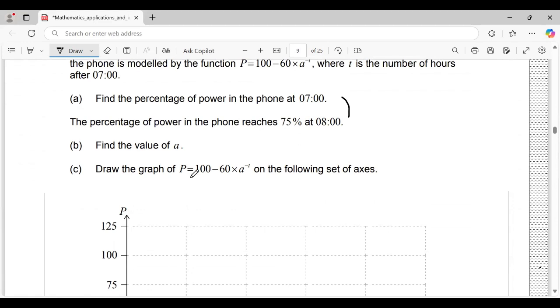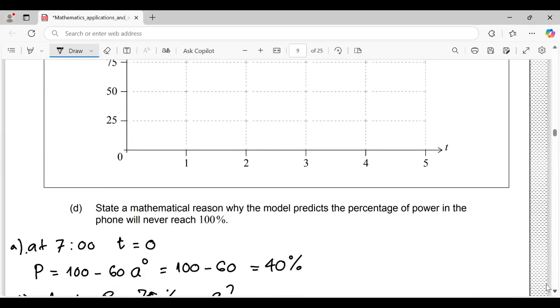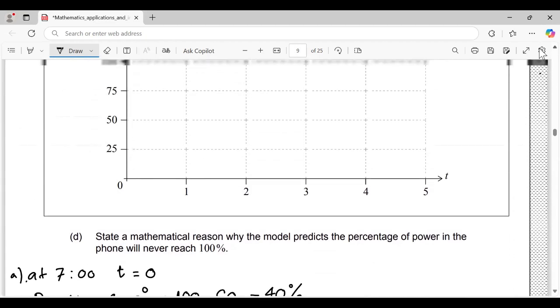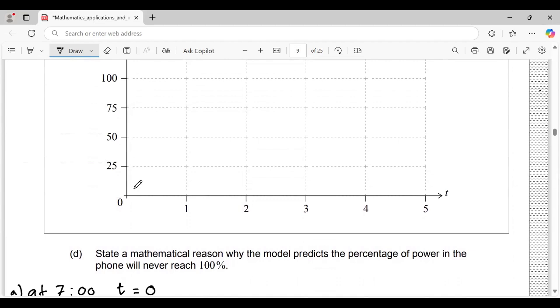draw the graph of P equals 100 minus 60 A to the power minus t. Okay, I'm going to sketch the graph. The first coordinate point is t equals 0 and P 40%. It means this is t 0 and 40%, around here, probably 40 here.